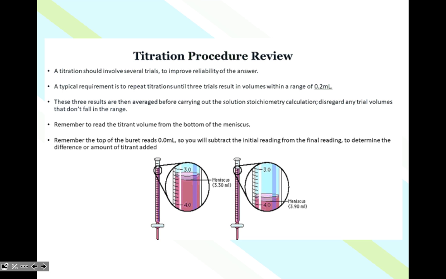Remember to top the burette at around 0.0, if you have that luxury, it doesn't always have to be that way. You will subtract the initial reading from the final reading to determine the amount of titrant needed. You don't always have to go to 0. At any point where you ended is where you start the next trial.